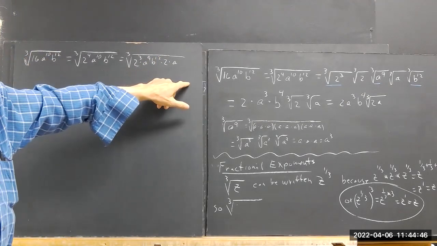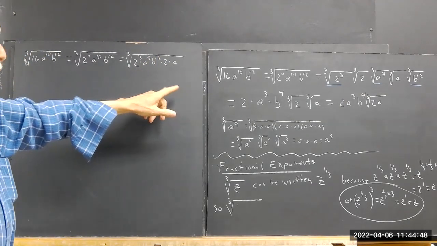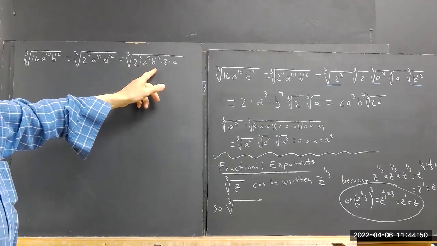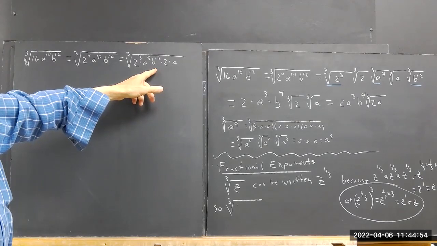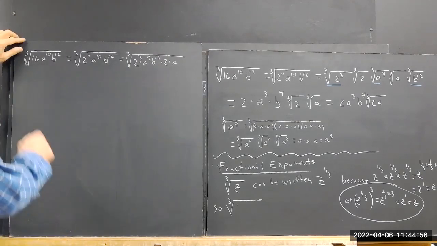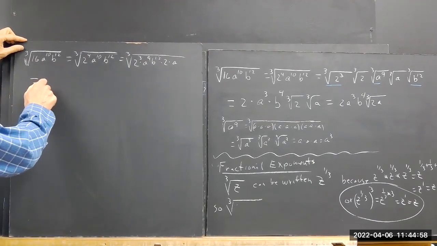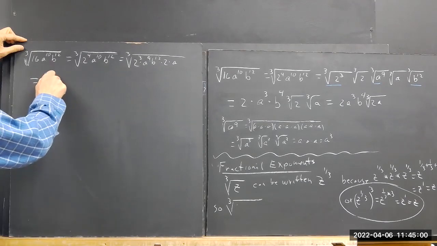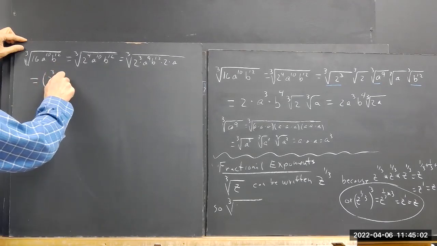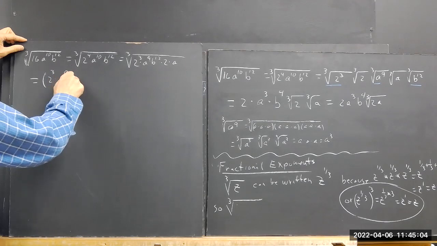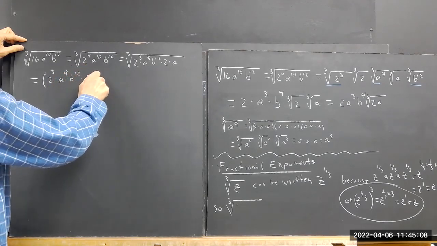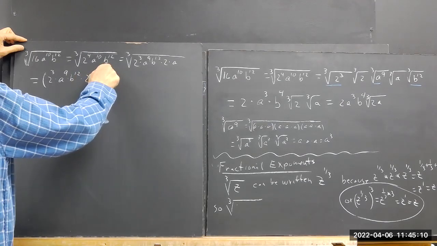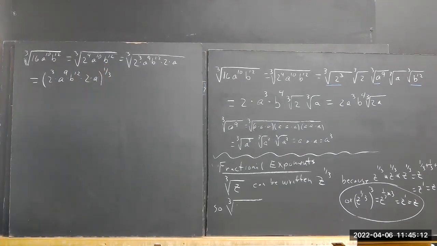I'll write it like this. Now I've written all these where the powers are multiples of 3, right? Well, I can then say this is 2 cubed times a to the 9th times b to the 12th times 2 times a, all raised to the 1/3 power.